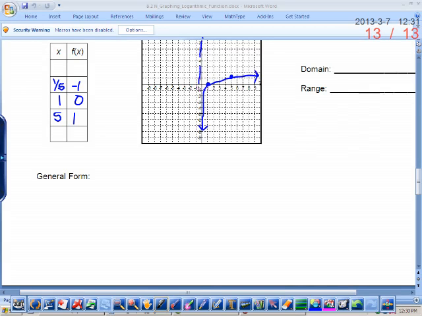Make sure you don't forget your asymptote. What's your domain?